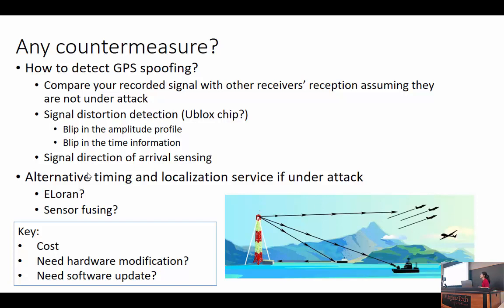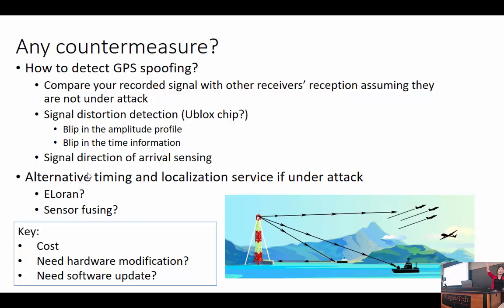And the third type of countermeasure for GPS spoofing detection is signal direction of arrival sensing. If you have multiple antennas, you can use them to detect the arrival direction of the signals. Remember, the attacker is using a single box to send all the satellite signals, so their arriving direction is not natural, whereas in the real situation, those satellites are distributed all across the sky.